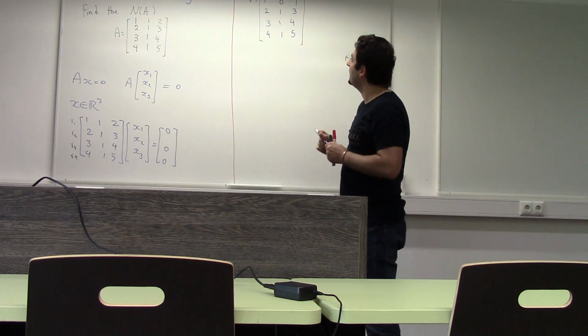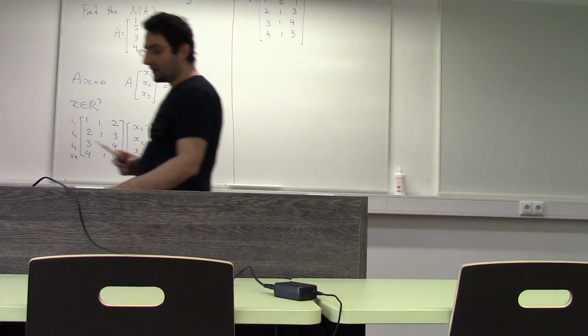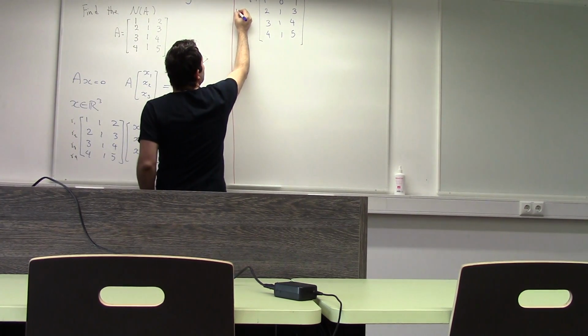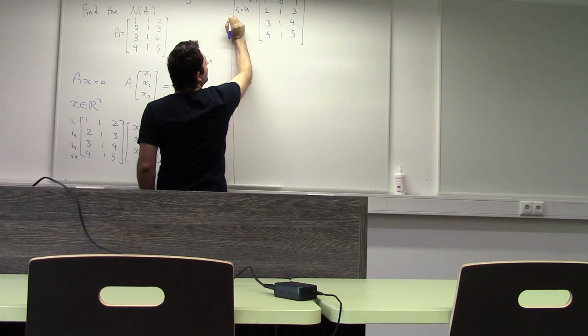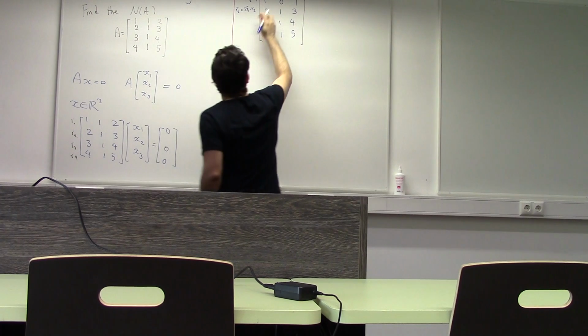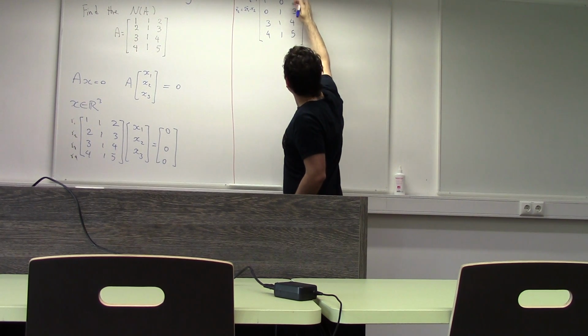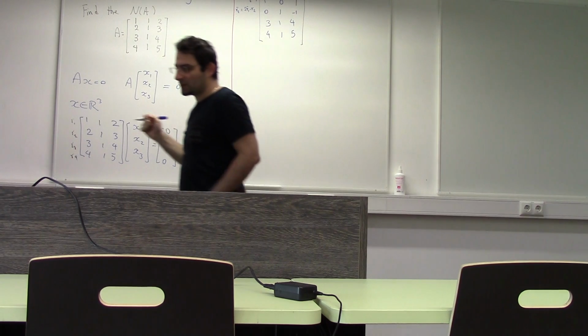Then the new R2 is 2 new R1 minus R2, so it will be 2 minus 2 is 0, 2 minus 1 is 1, 2 minus 3 is minus 1.